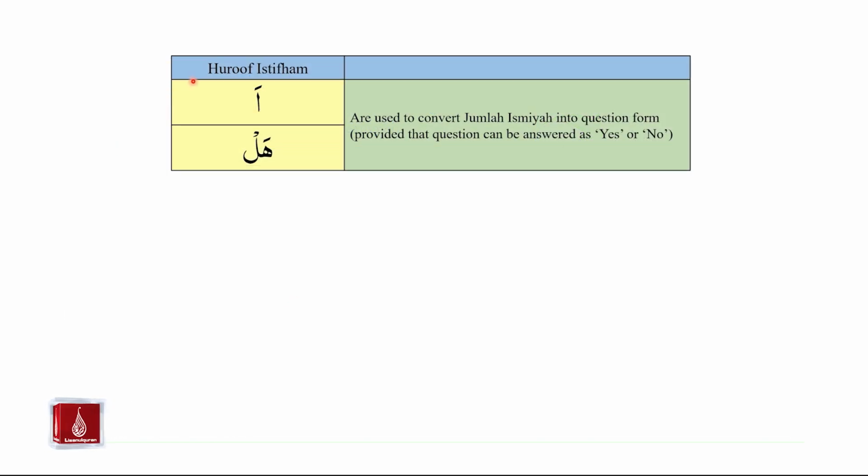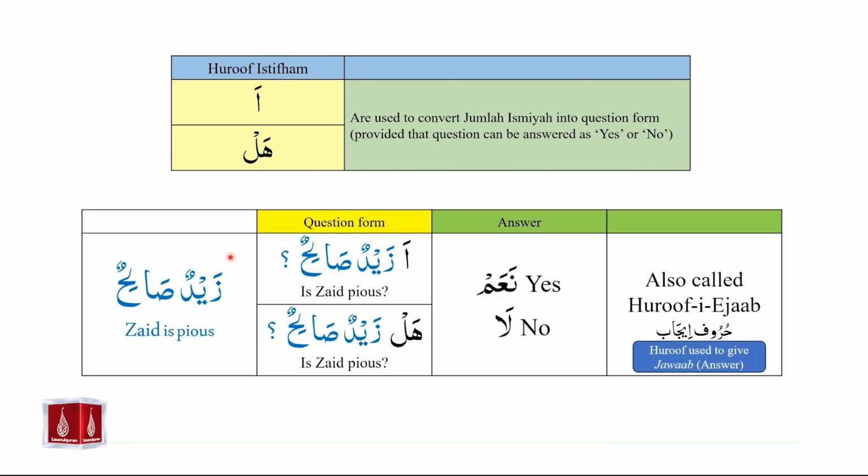So Huruf-e-Istifham includes Hamza Istifhamiya and Hal. These are used to convert Jumla Ismiya into question form, provided that the question can be answered as yes or no. So we have the example of Zaid is pious, Zaidun Swalihun.